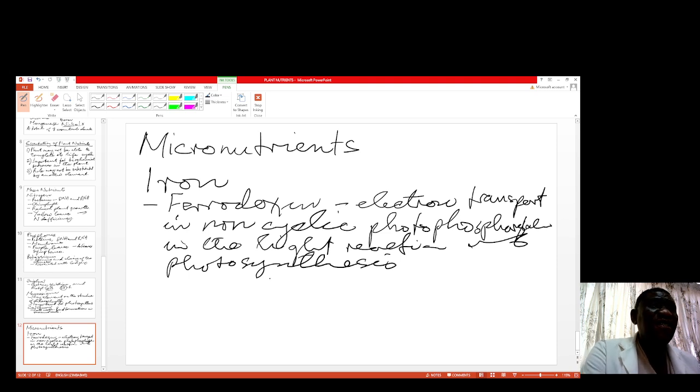The other point is about what they call the cytochrome complex.